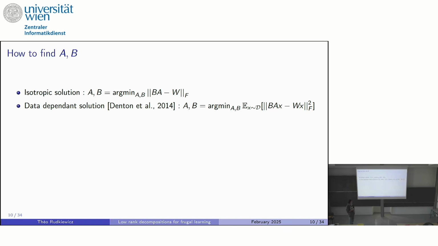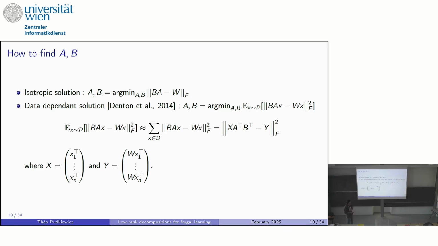So it's an expectation over the input distribution. As almost always in machine learning, we approximate the expectation by a sum. And we can also write the sum as a matrix expression, which is basically the same.